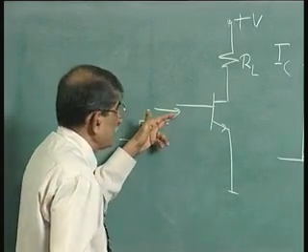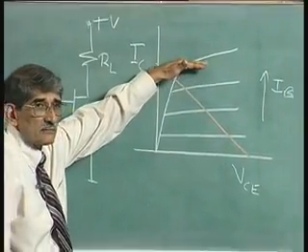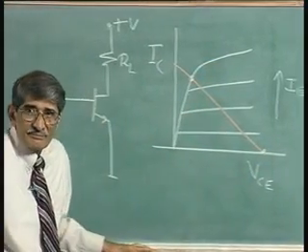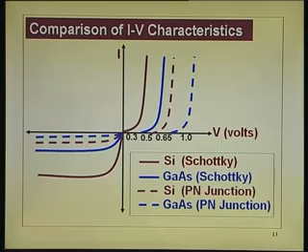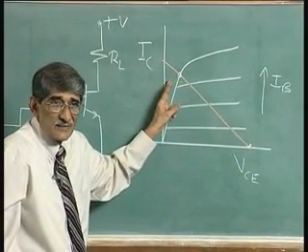That is, you are driving base current with 0, that is here, you are moving onto that curve. That means you are moving from here to that point. So, the transistor is driven from cutoff to saturation. The transistor goes into saturation here.